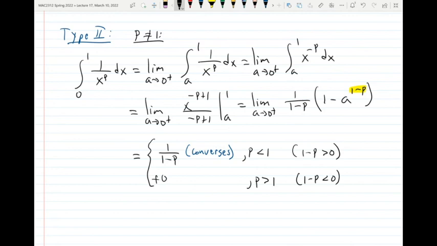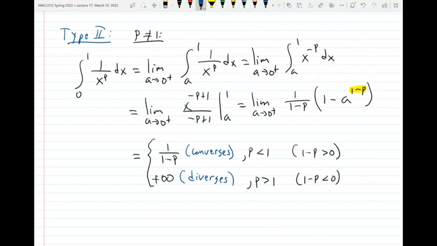So we get positive infinity. The point is that it diverges. So again, this part right here will give you infinity. You have a negative, so the parenthesis becomes negative infinity. But remember, 1 minus p is negative, so you're multiplying by something negative, and negative times negative makes it positive.